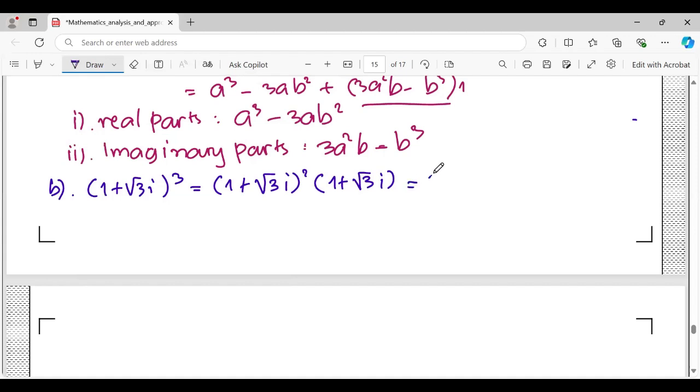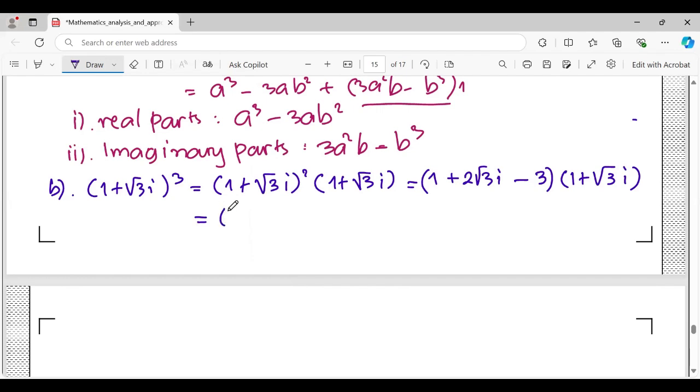It becomes 1 plus 2 square root 3 i minus 3, because i squared equals minus 1 and square root 3 squared is 3, times (1 plus square root 3 i). Oh wait, 1 minus 3 first.